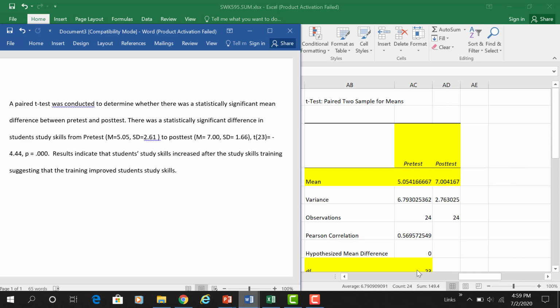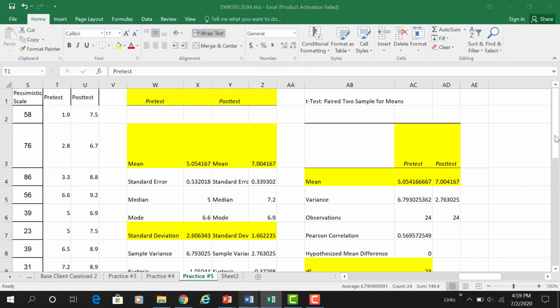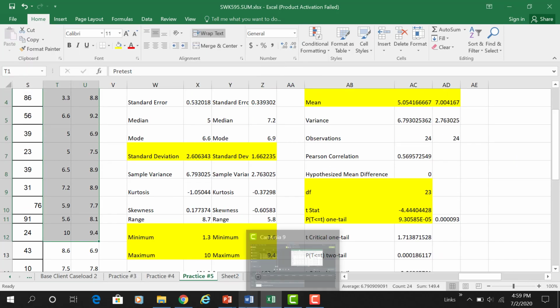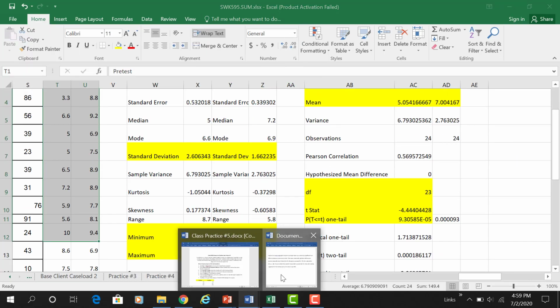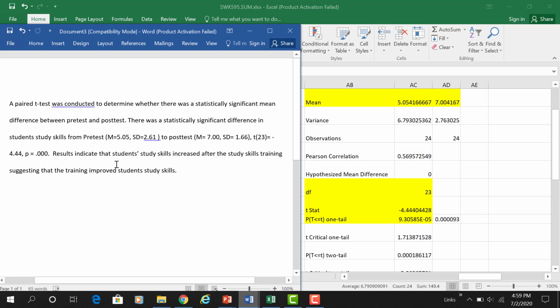Here it is down here. So t(23), where 23 is the degrees of freedom, equals negative 4.44, which is your actual t statistic.